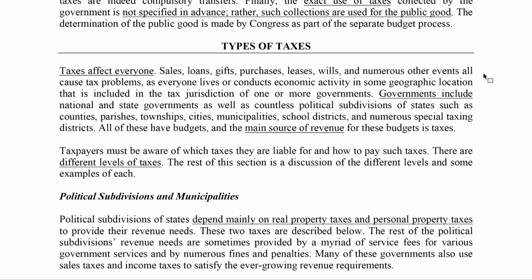Again, our main focus is taxes to raise revenue for these different types of governments. So we're going to talk about the different types of taxes out there, and focus on, with respect to certain types of governments, what the main focus is for that type of government in terms of how they tax their constituents.